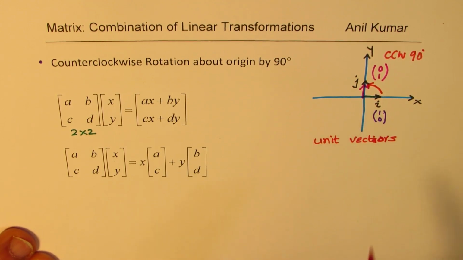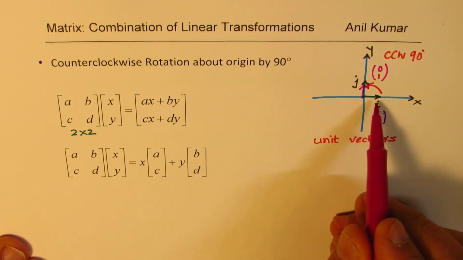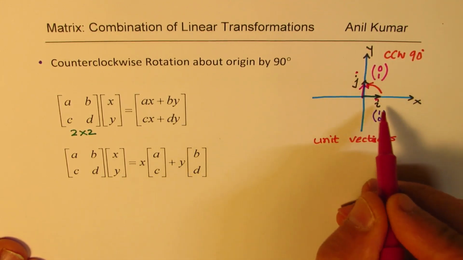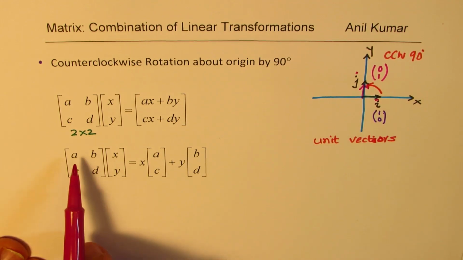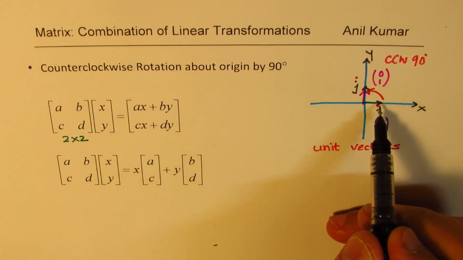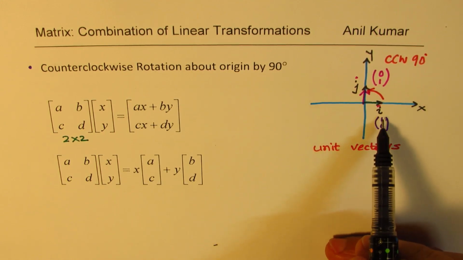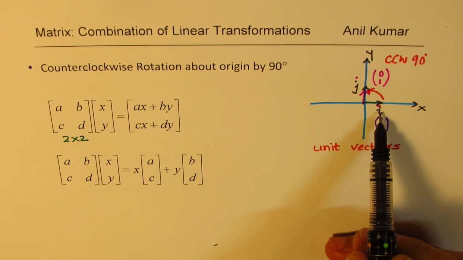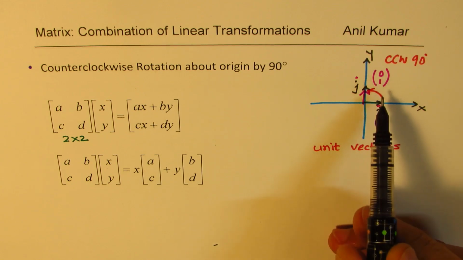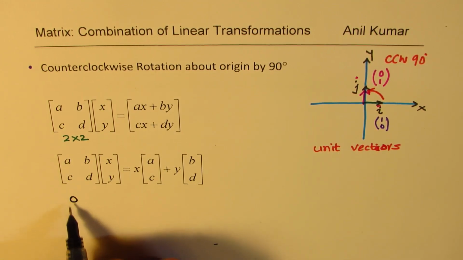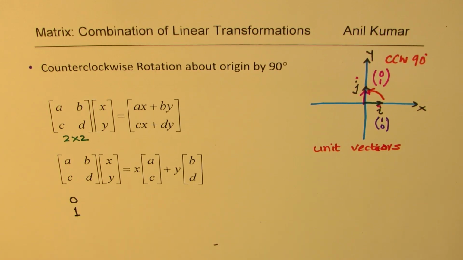So as far as the unit vector i is concerned, this transformation counterclockwise by 90 degrees will make (1, 0) into (0, 1). So a and c become 0 and 1. Is that clear? Now let's look at j.